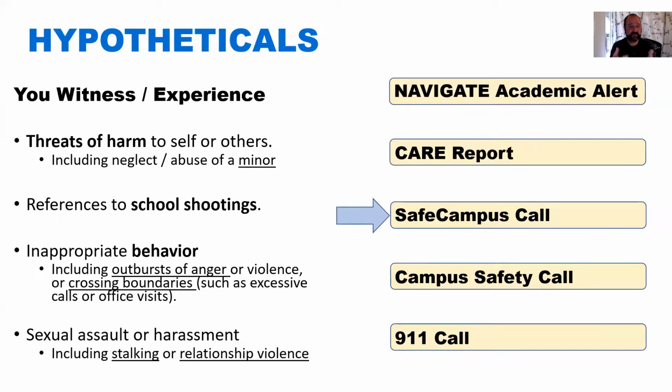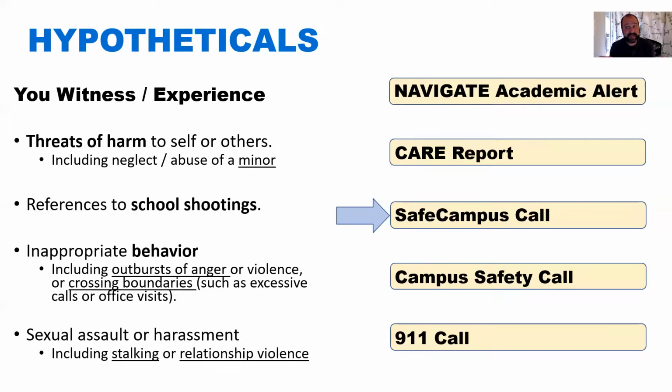When you see students referring to school shootings, or kind of aligning themselves with school shooters, and it causes concern for you, or generally inappropriate behavior, such as outbursts of anger, or they're crossing boundaries, like they're kind of stalking you, excessive calls or excessive office visits, or sexual assault or harassment, including stalking or relationship violence. Those are all great times to call Safe Campus.